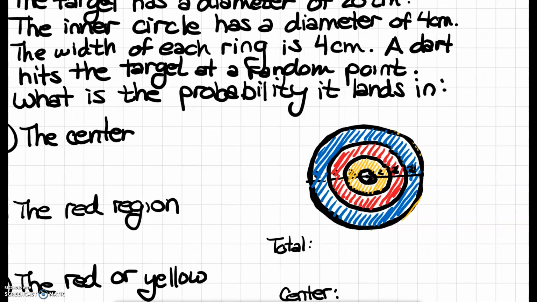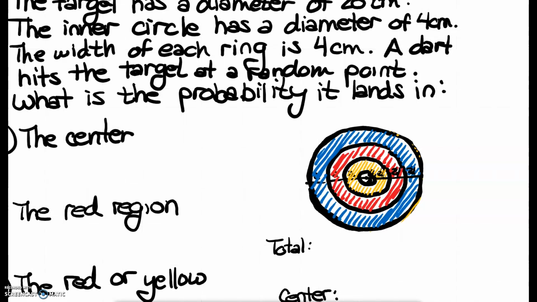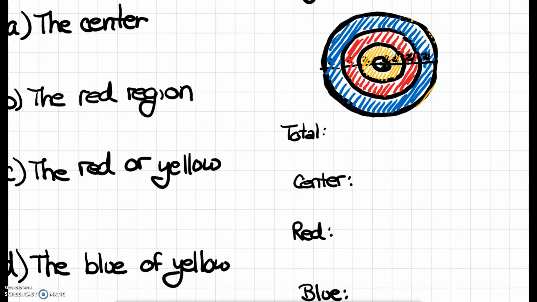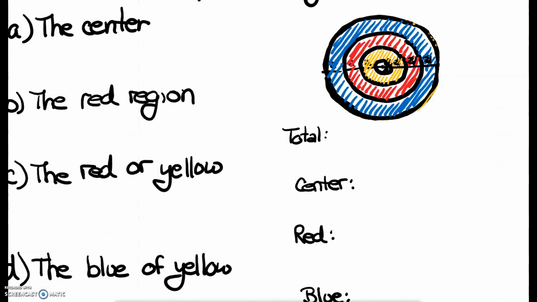These are 4 centimeters, and the inner circle has a diameter of 4, so that's 2. So it's 4 and 4 and 4 is 12, and 2 is 14. So the radius is 14, so the area of the entire circle is going to be pi times 14 squared, which equals 196 pi.